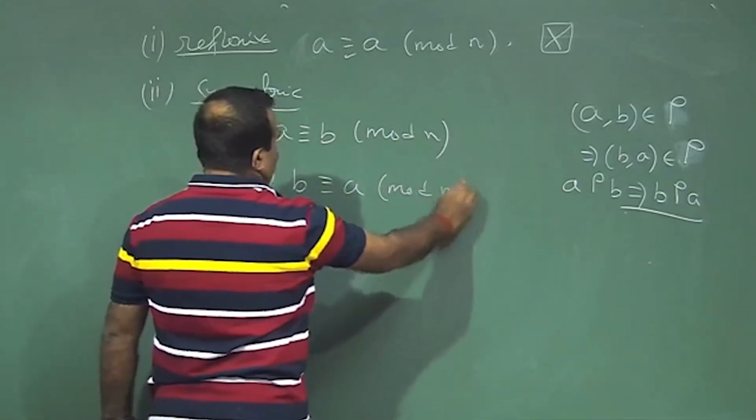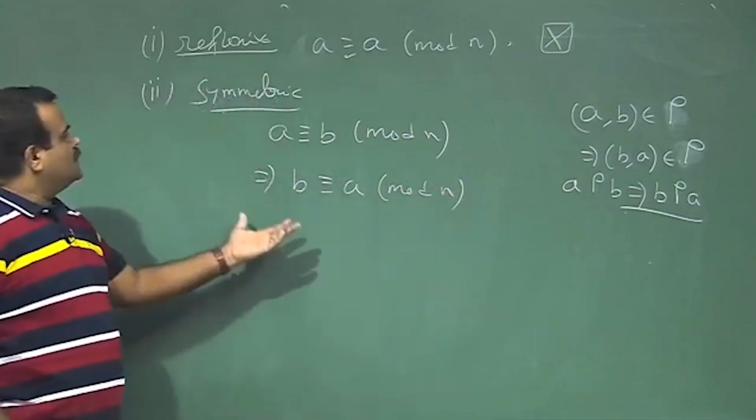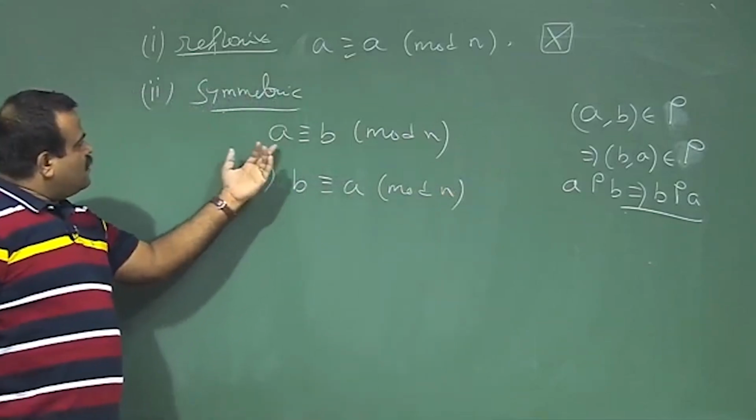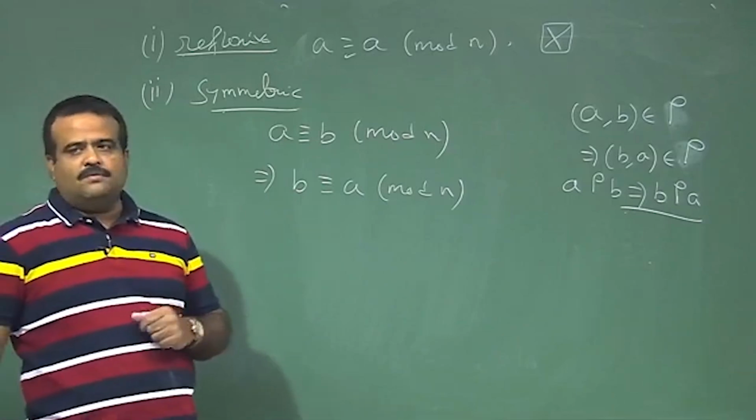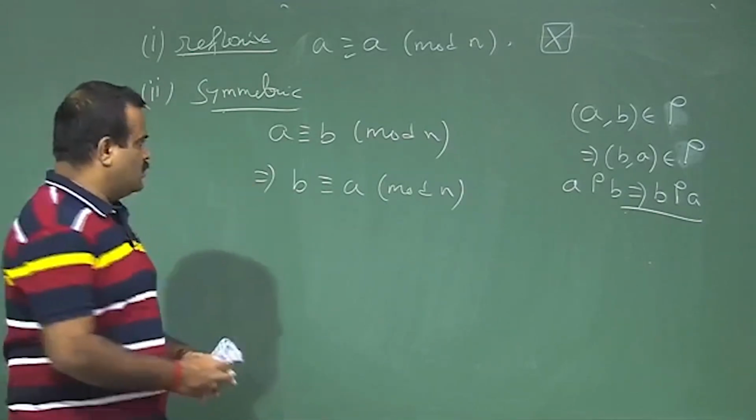This is also quite obvious, nothing to prove here, because basically the remainder of a mod n is the same as the remainder of b mod n, both ways.